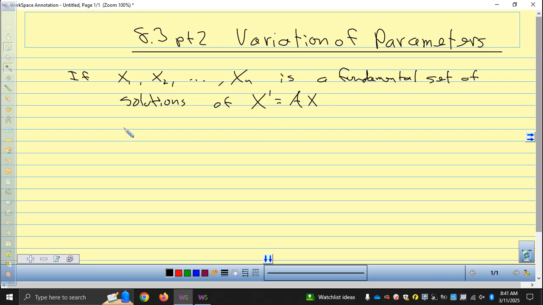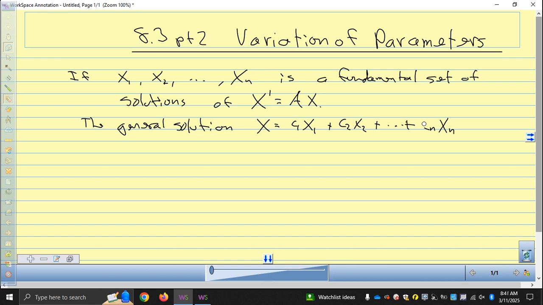The general solution then we usually write as x equals c1 x1 plus c2 x2 plus up to c sub n x sub n.